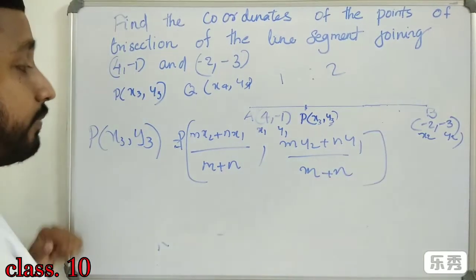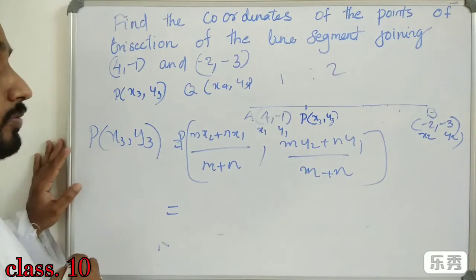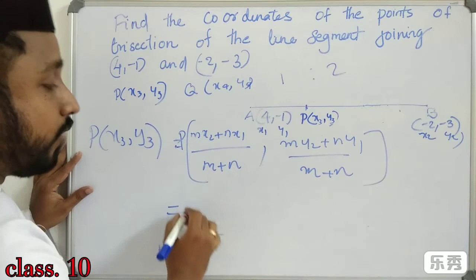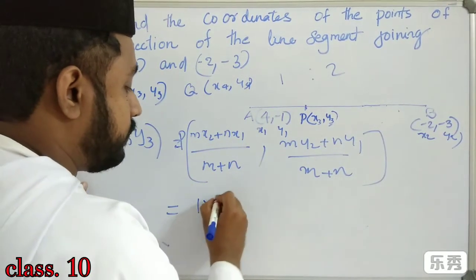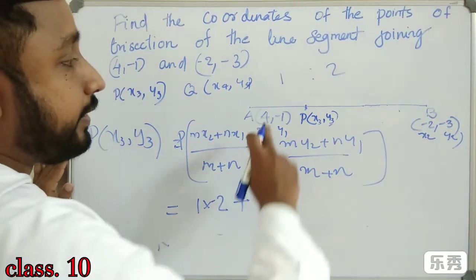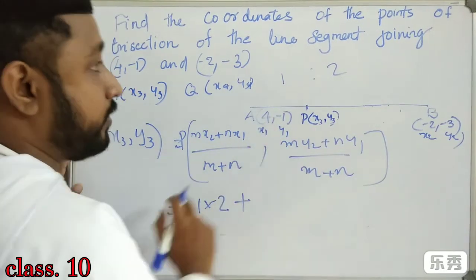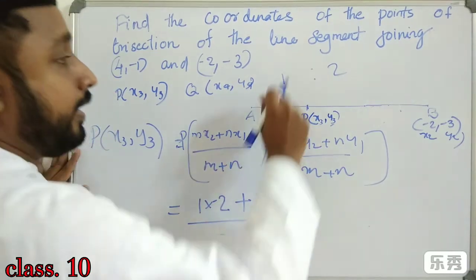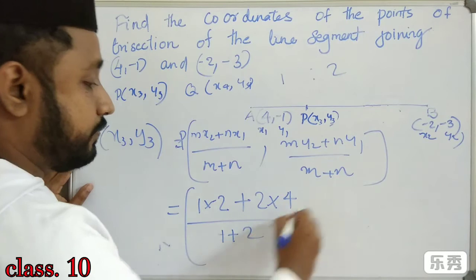This is our section formula. So P is (mx2 + nx1)/(m + n). m is 1, n is 2. So 1 times x2, x2 is -2, so 1 into -2 plus n x1, n is 2 and x1 is 4, so 2 into 4, divided by m + n, 1 + 2. This is the first point.